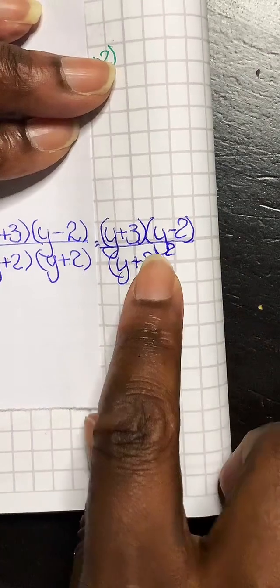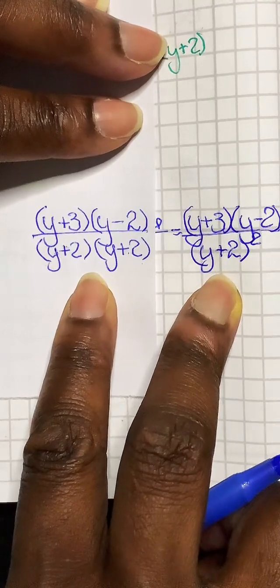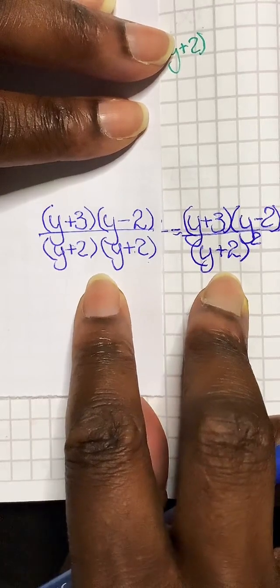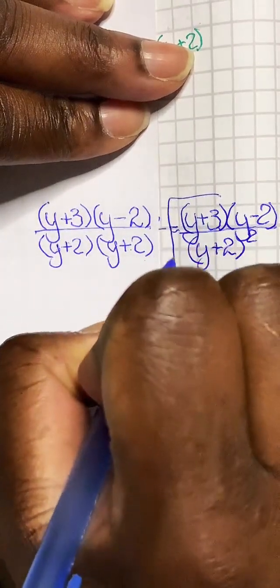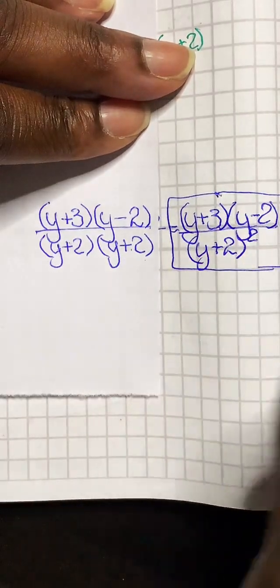Either this or this can be your answer. Either one can be your answer. So it doesn't matter. Because if you can't break it down any further than it is, just bring it down.